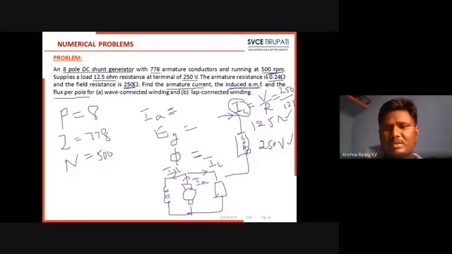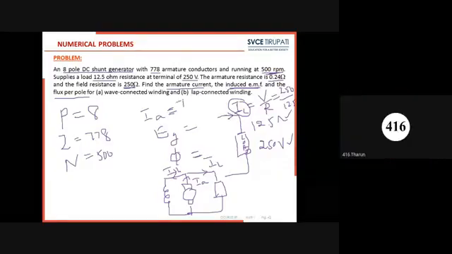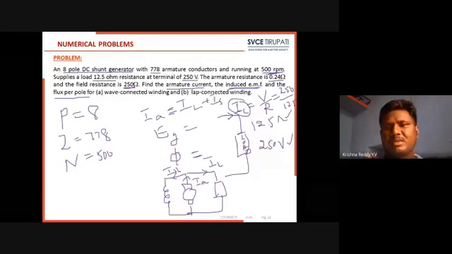Now, what is the armature current equation? IA is equal to, according to KCL, IL plus ISH. Here we can calculate the IL value by using V by R. It is 250 divided by 12.5 ohms, which is 20.